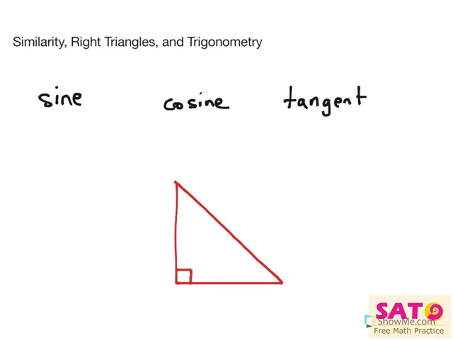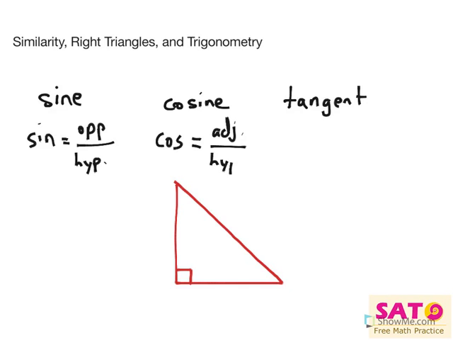Sine, written as sin in a function, would be opposite over hypotenuse. Cosine, cos, equals adjacent, which would be the side right next to the angle that is not the hypotenuse, over the hypotenuse.